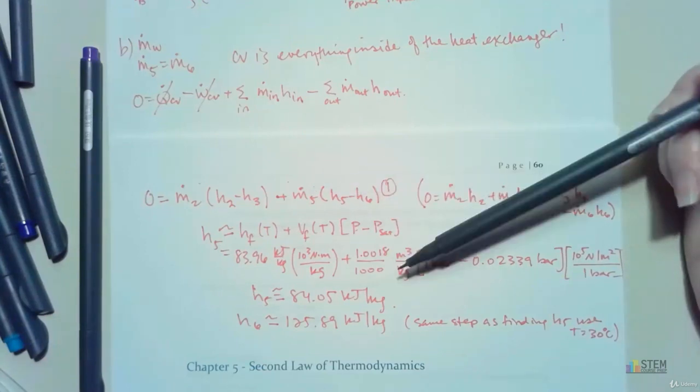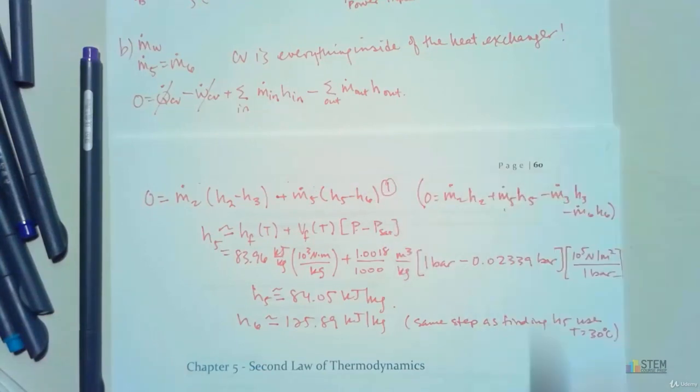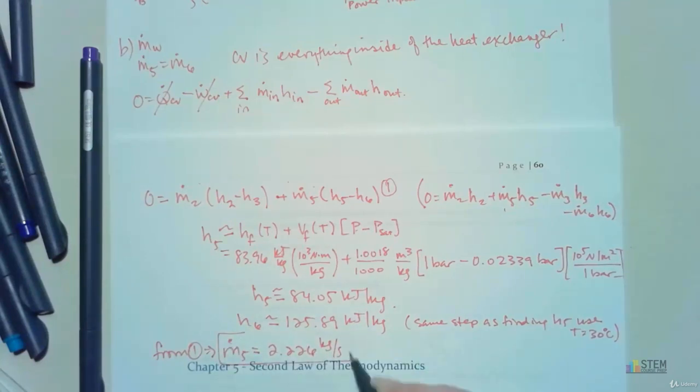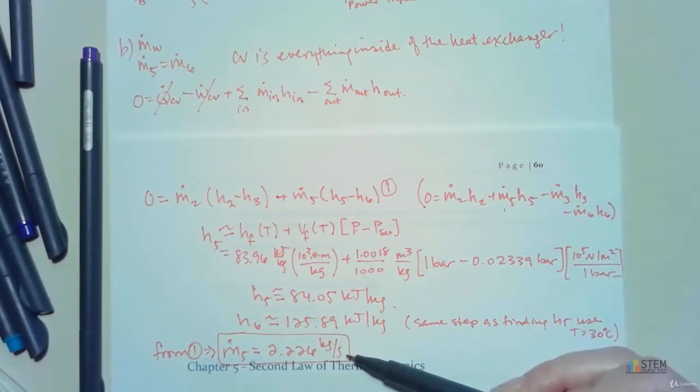We know H5 and H6. So just plug in your numbers and then solve for M5 dot. I'm out of room here, so I'm not going to write all that down, but that's how you do it. So M5 dot is going to be 2.226 kilograms per second. Okay, and that's your mass flow rate of the water in kilograms per second.